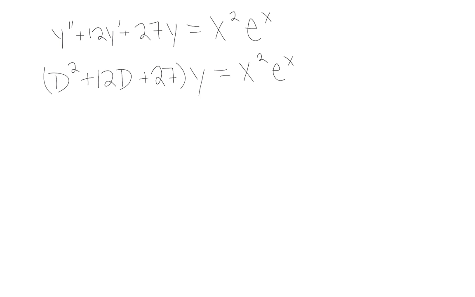Now, since linear combinations of functions and their derivatives can be written in differential operator notation, the differential operator can be applied to the right-hand side of the equal sign.